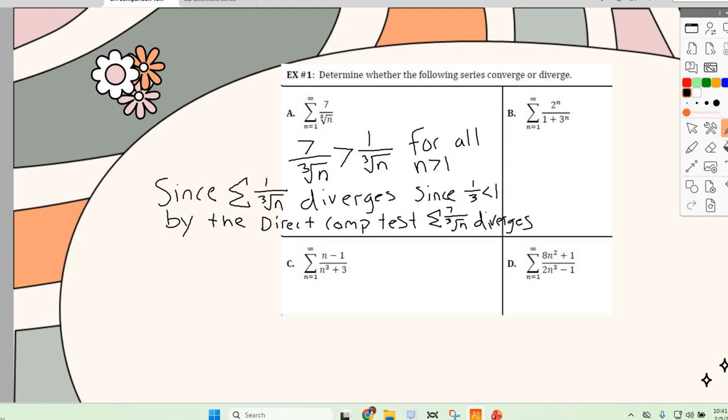Okay, now looking at part B. What do we think about that one? What does that look close to? Geometric. Okay. What geometric is it close to?